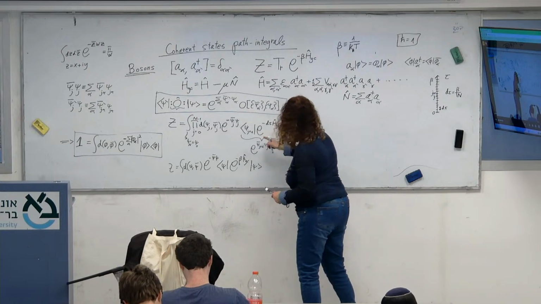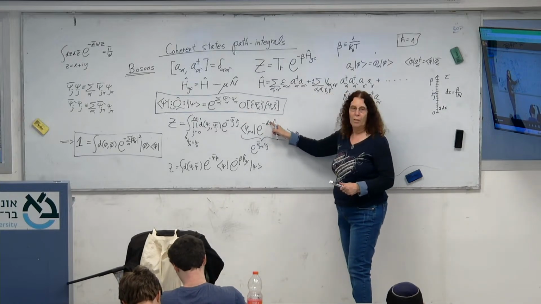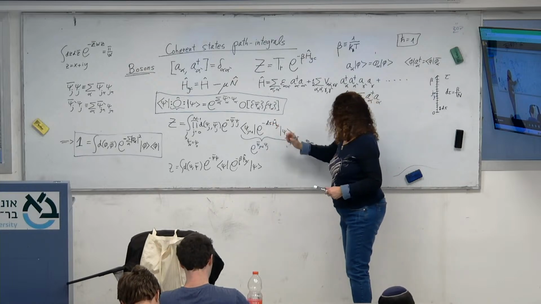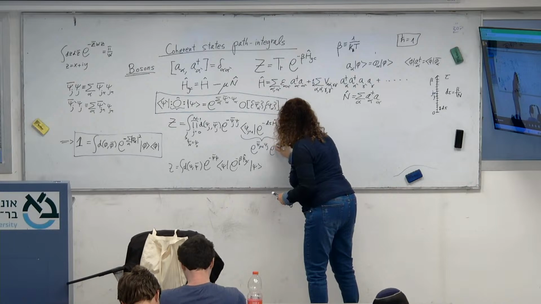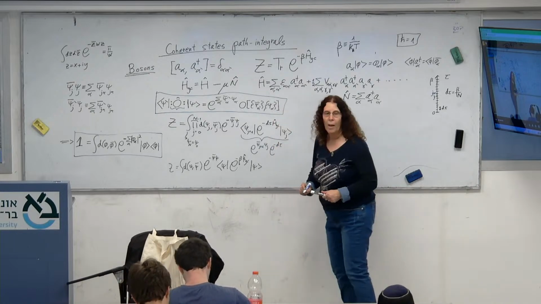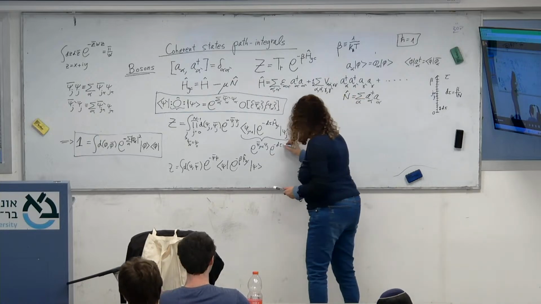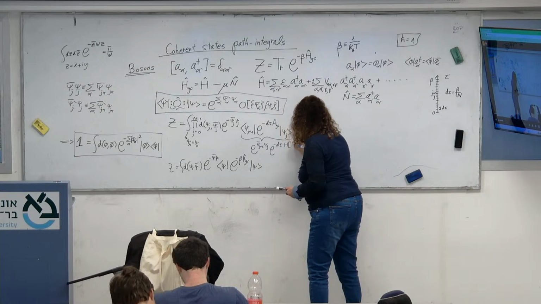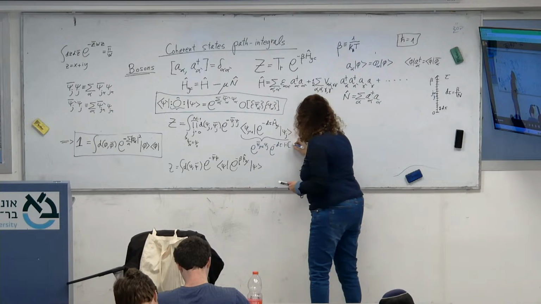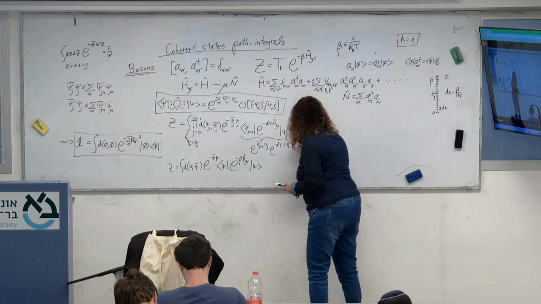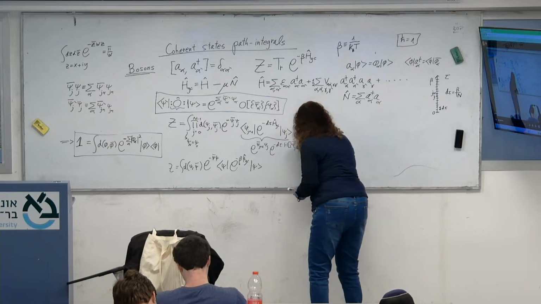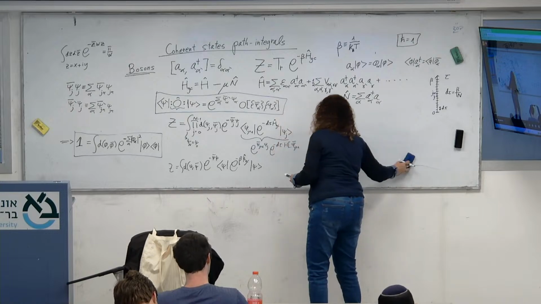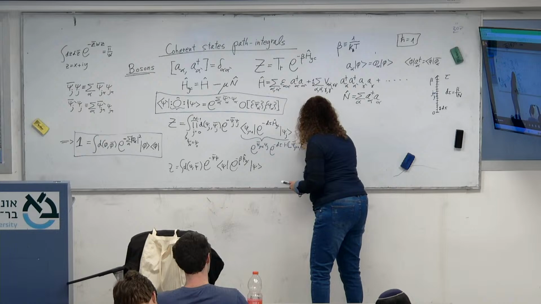the operator, which in our case is just e to the minus d tau times h. But now, instead of an operator, it is replaced by a C number, and the C number is the expression for the Hamiltonian with all the a daggers replaced by psi bar j plus 1 and the a's by psi j, right?